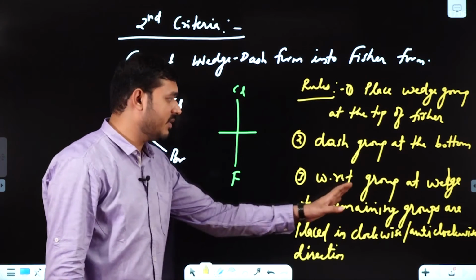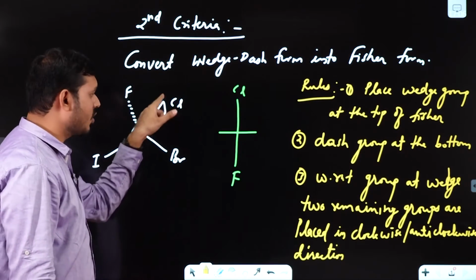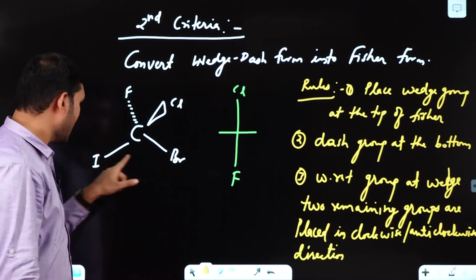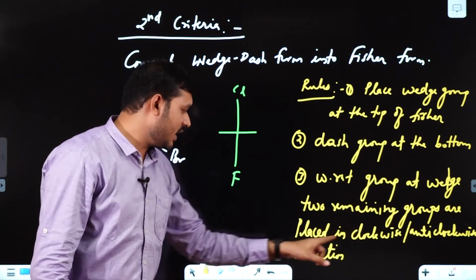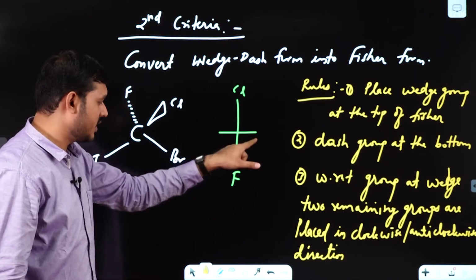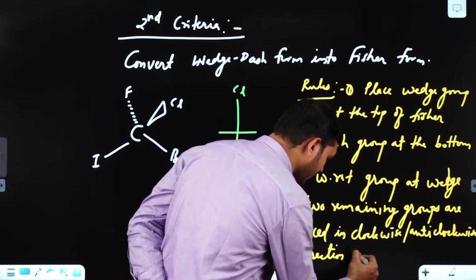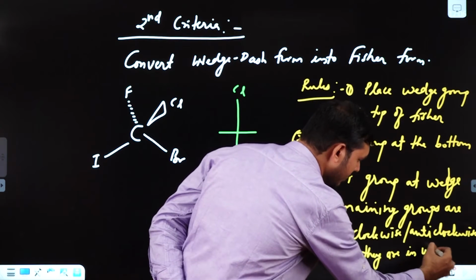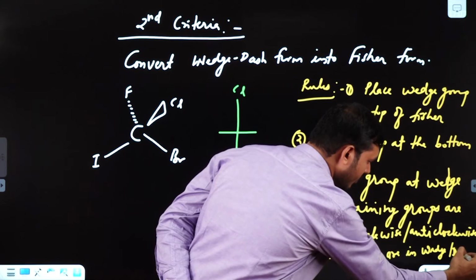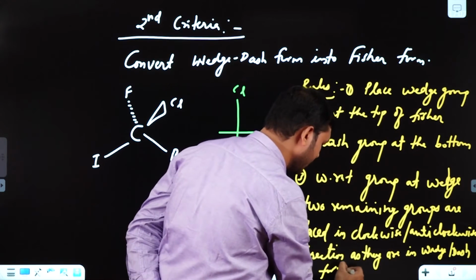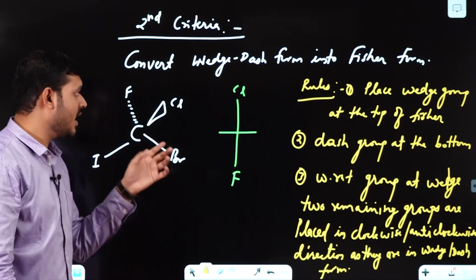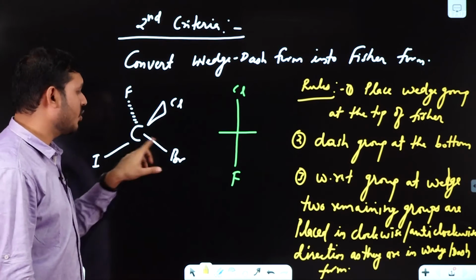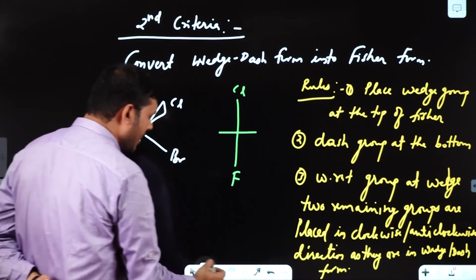That means with respect to this chlorine atom, the two remaining groups, which are bromine and iodine, are placed in clockwise and anti-clockwise direction, as they are in wedge dash form. The way they are given in wedge dash form, in the same way place the two remaining groups.